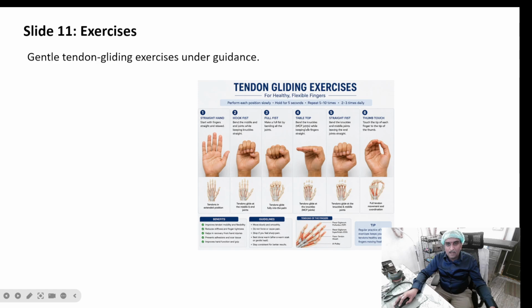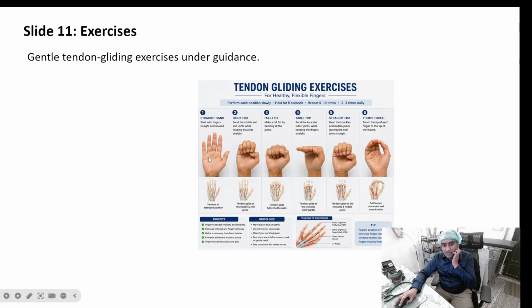Tabletop: bend the knuckles, that is the MCP joints, while keeping the fingers straight. Straight fist: bend the knuckles and middle joints, leaving the end joint straight. Thumb touch: touch the tip of each finger with the tip of the thumb.